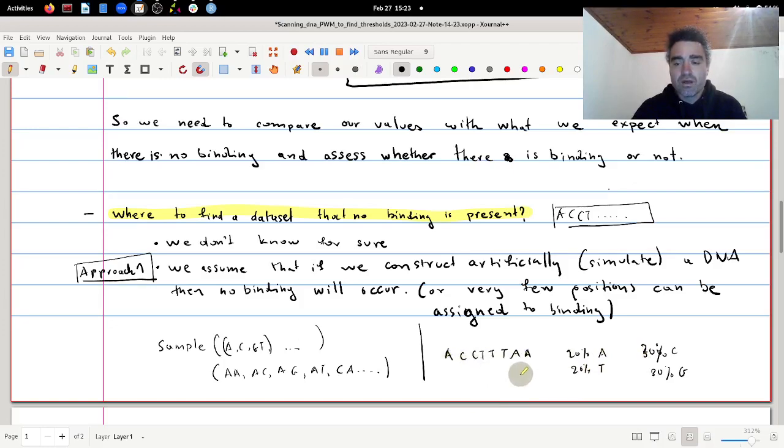So here, to see an AT, the probability given these frequencies will be 4%. However, in real cases it might be that this will not be 4% but 6%, which means that there is an overrepresentation of AT. In other words, when there is an A, T prefers to be next to it.